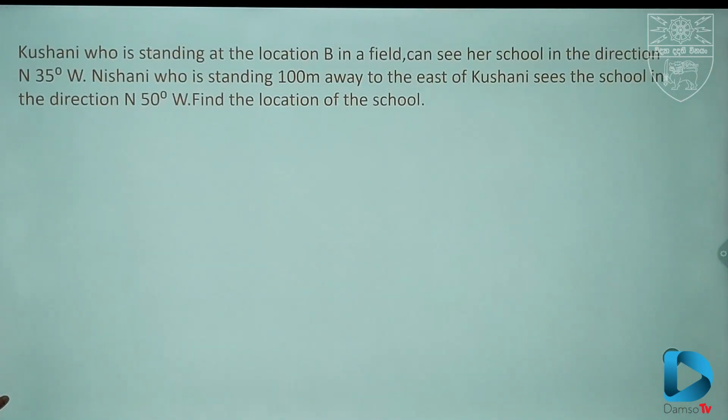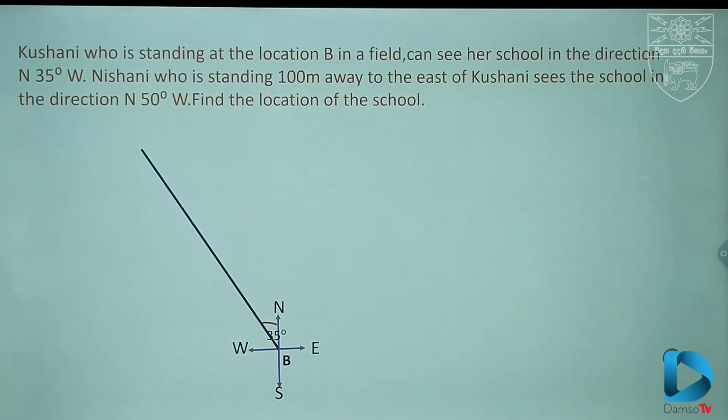First you have to sketch the direction relevant to Kushani. N 35 degrees W means 35 degrees west of north. We don't know the correct place of the school, so you have to keep it like that.